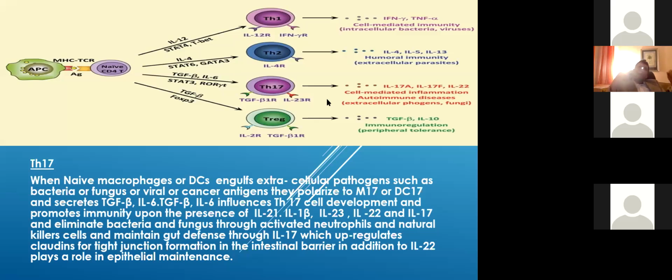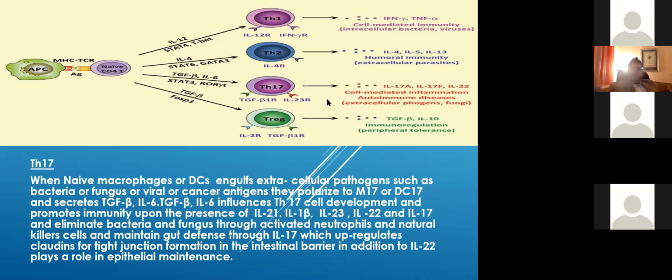The other thing about Th17, the good function of Th17, especially if it's a normal response, not an aggravated response: if you have too much Th17, it may cause damage in the gut barrier. But in a normal response, they are responsible for forming the barrier in the gut and preventing the leakage of bacterial toxins through the gut, what we call leaky gut syndrome.